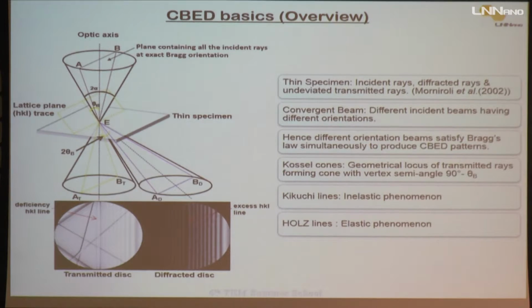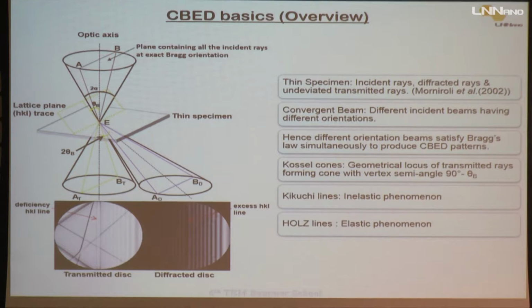Next, I just summarized what are the important basic points. The samples that we consider in a TEM analysis are thin samples. So it does consist of incident beams, diffracted rays, and in addition to both of them, undeviated transmitted rays. And when you consider this, as I said in the first slide, the convergent beam electron diffraction has different orientations, and all these different orientation beams satisfy Bragg's law simultaneously for producing the CBD patterns.